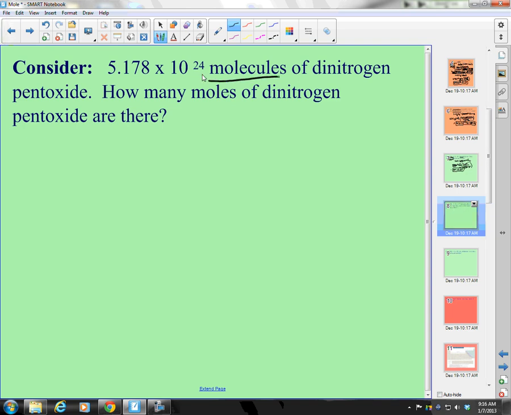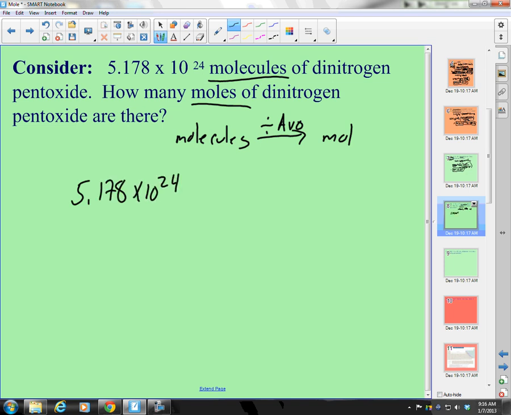Well, I have molecules. Molecules are particles, and what do I want? Moles. So I want to go from molecules to moles. To go from molecules to moles, I have to divide by Avogadro's number. So if you're using just formulas, use that. Of course, I'm not a formula guy. I am a dimensional analysis kind of guy. So I take 5.178 times 10 to the 24th, what?